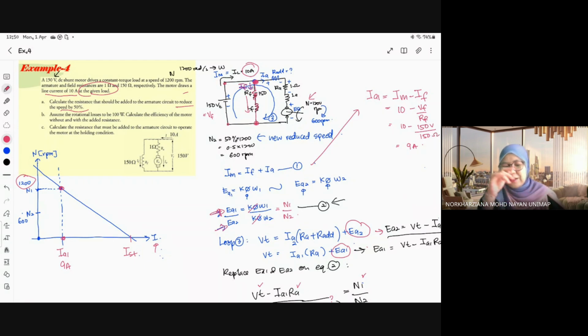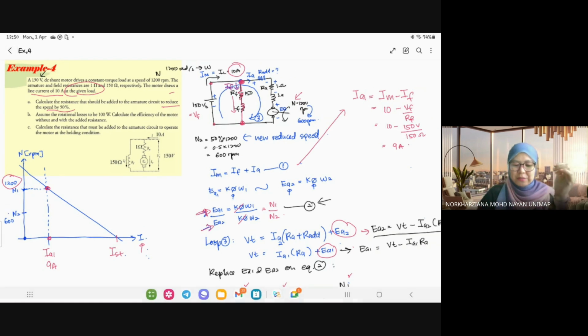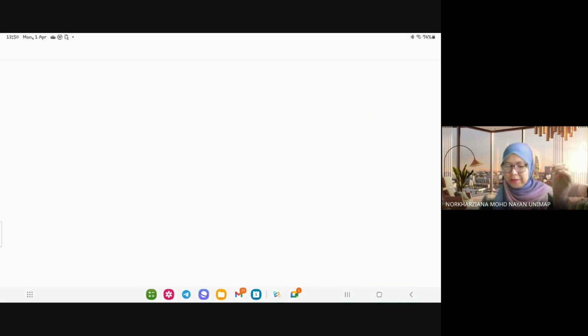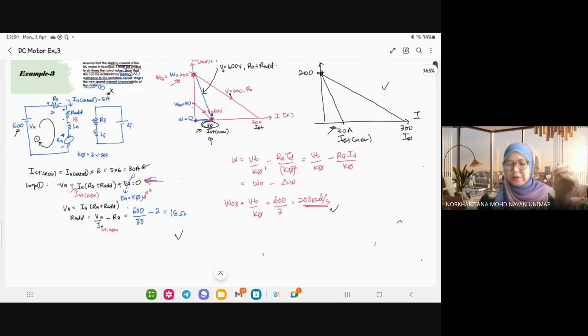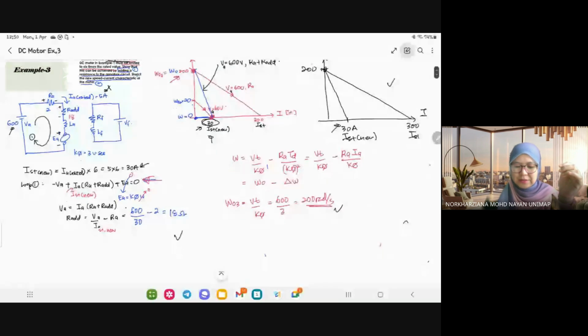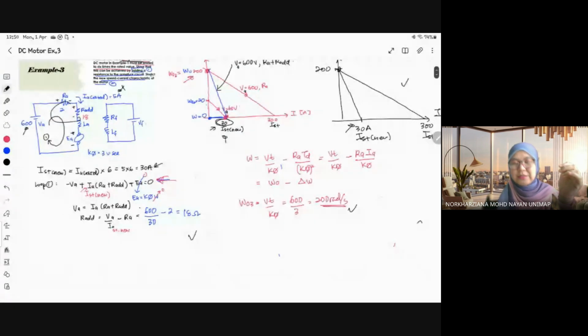Okay. When you add additional resistance, what happen? The condition is, when you add dengan ni, example 3. Okay. So when you add additional resistance here, without changing the armature.